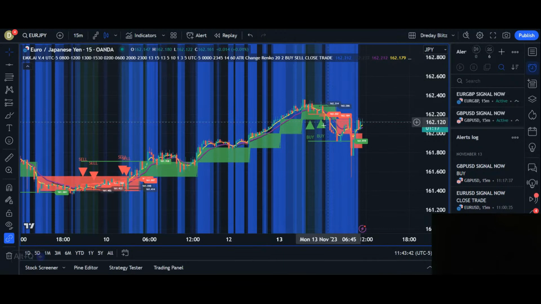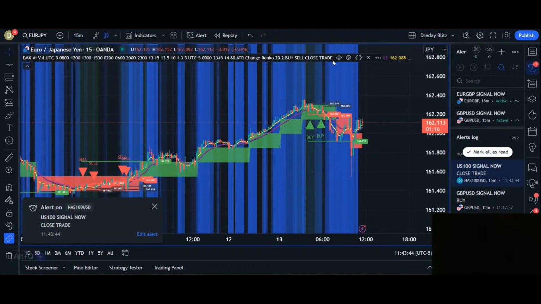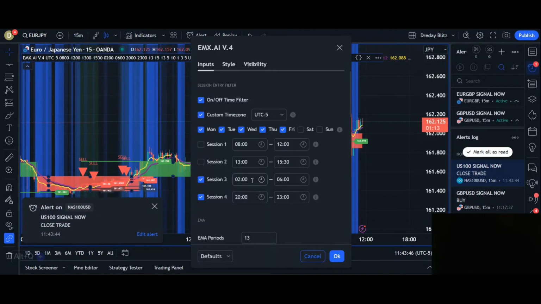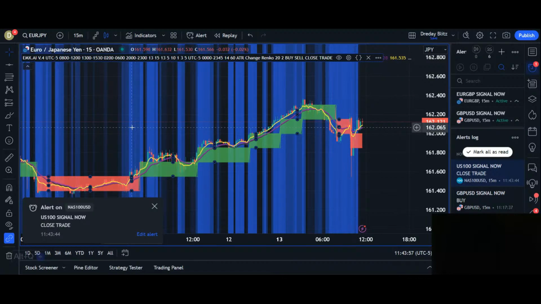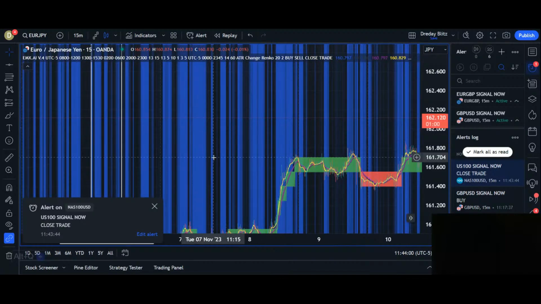But like I said, you could remove the signals in full. So how to remove the signal? You remove those 2. Okay? And that will remove the full signal, and you just trade the trend.